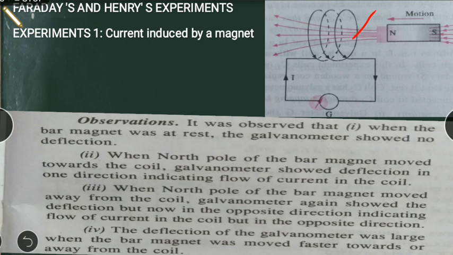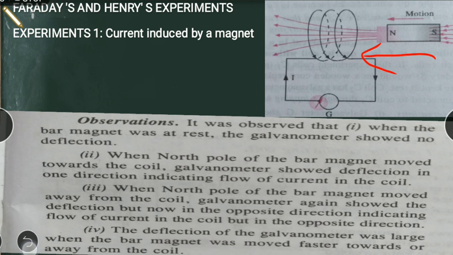Next case, when the north pole of the bar magnet is brought towards the coil, the galvanometer shows deflection. Nothing but, if deflection arises in the galvanometer, then current starts to flow in the circuit or coil.